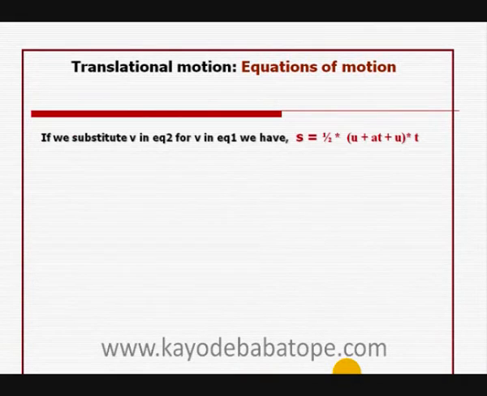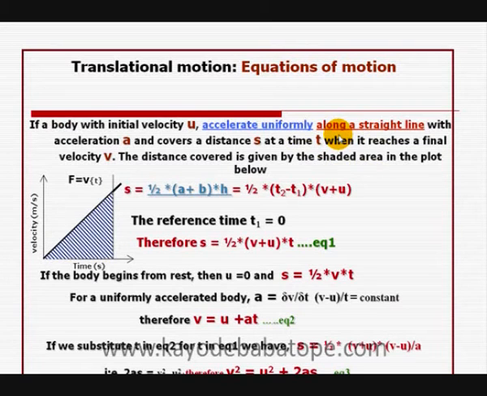And lastly, if we substitute V in equation 2 for V in equation 1, we will have V equals to half times. Now, in equation 1, remember we have S equals to half times V plus U times T, okay?